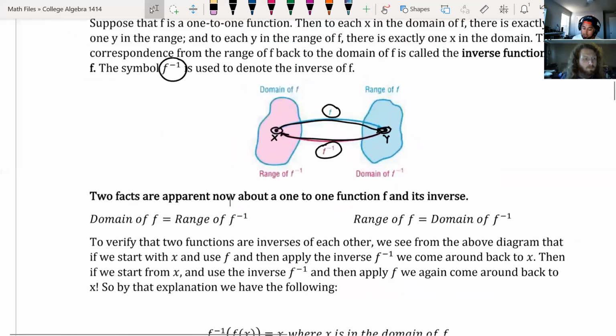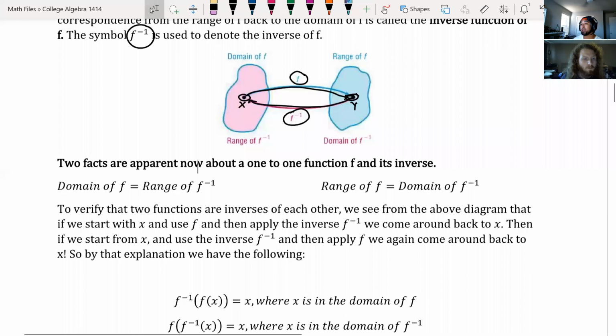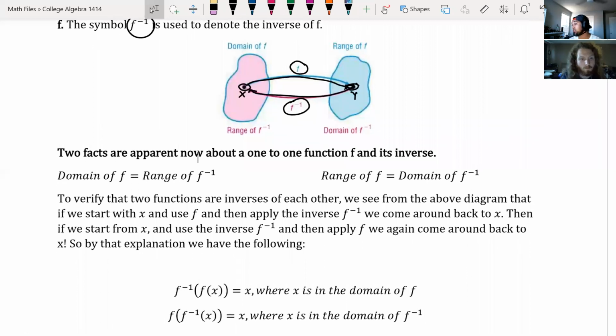Now, to verify that two functions are inverses of each other, we see from the above blobs that if we start with x and use f, and then apply the inverse, we always come back to x. Then if we start from x and apply the inverse, and then apply f, we always come back to x. So no matter what, we will always come back to the value of x.